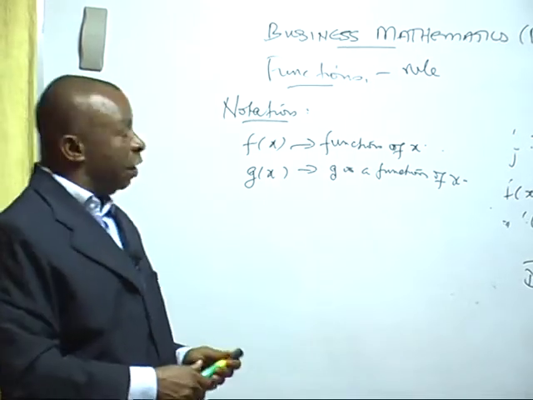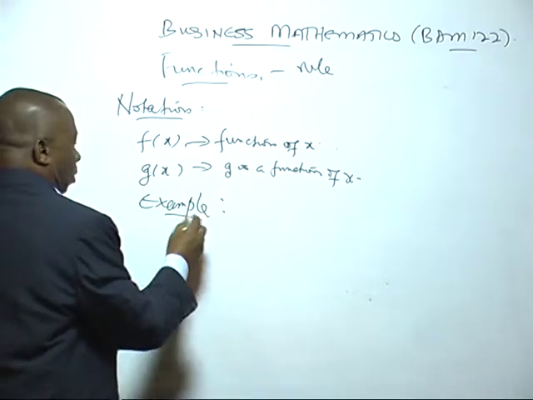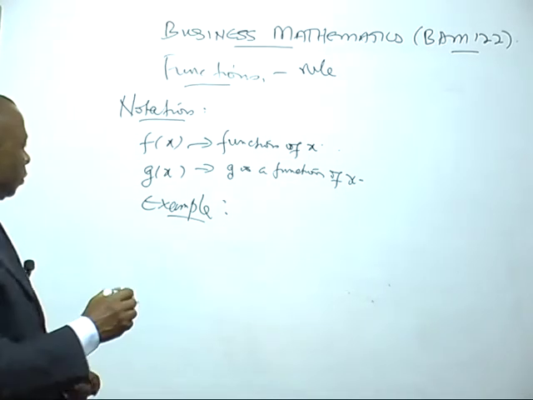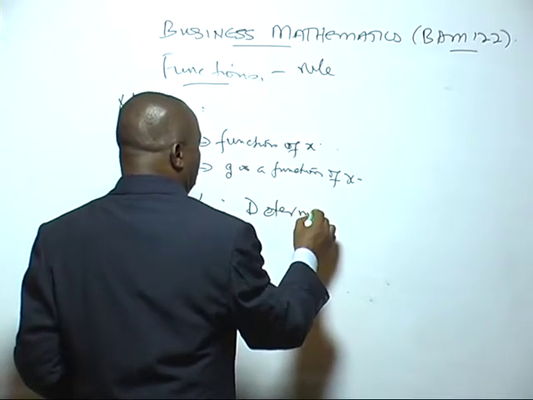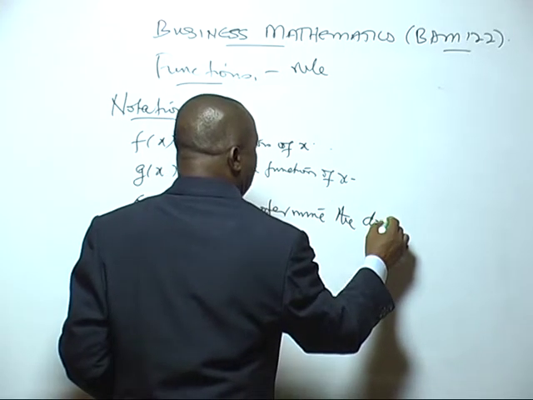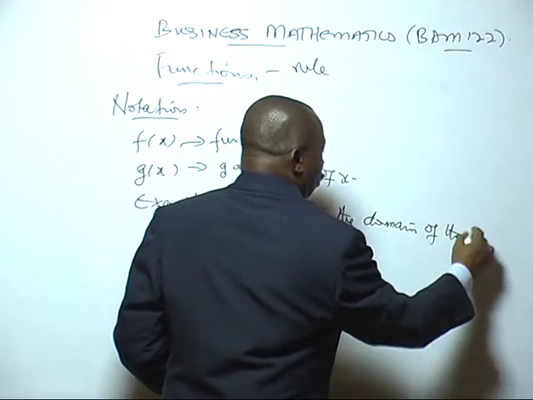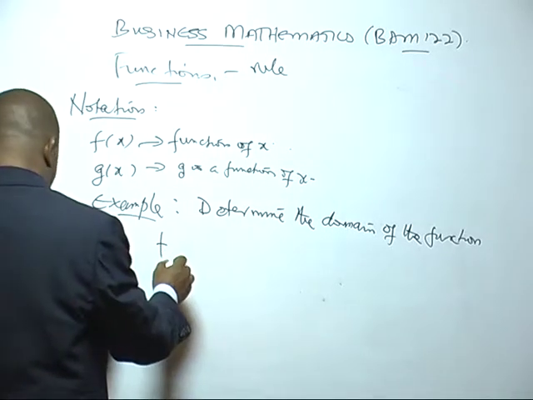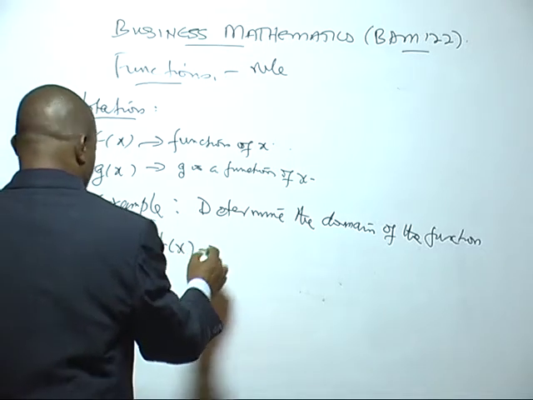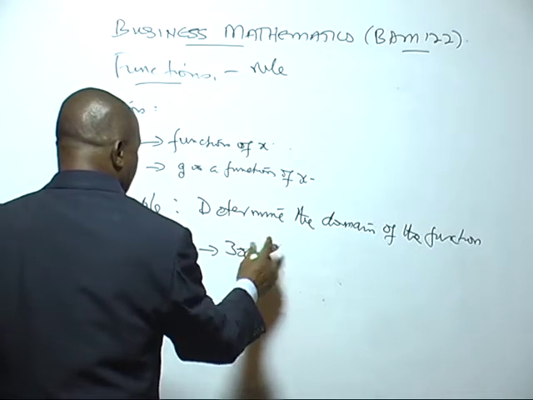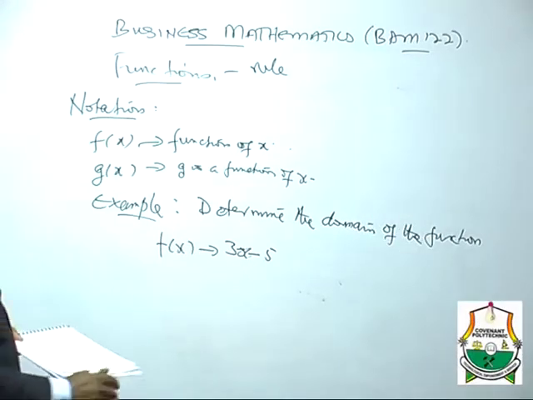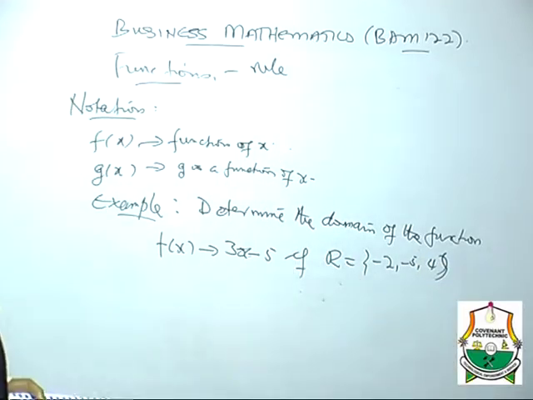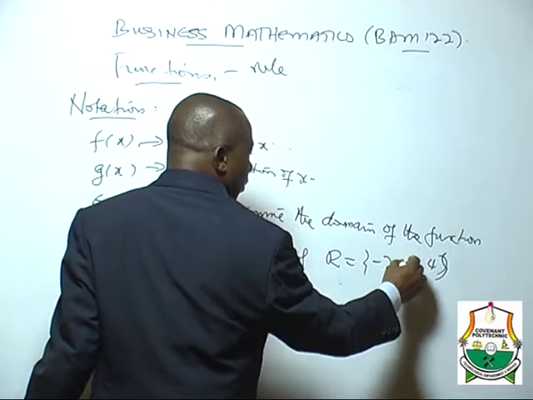Now, if this function is given to us, for example, the question is: determine the domain of the function, and that function is given as f of x that takes to 3x minus 5 if r equals minus 2, minus 5, and 4.